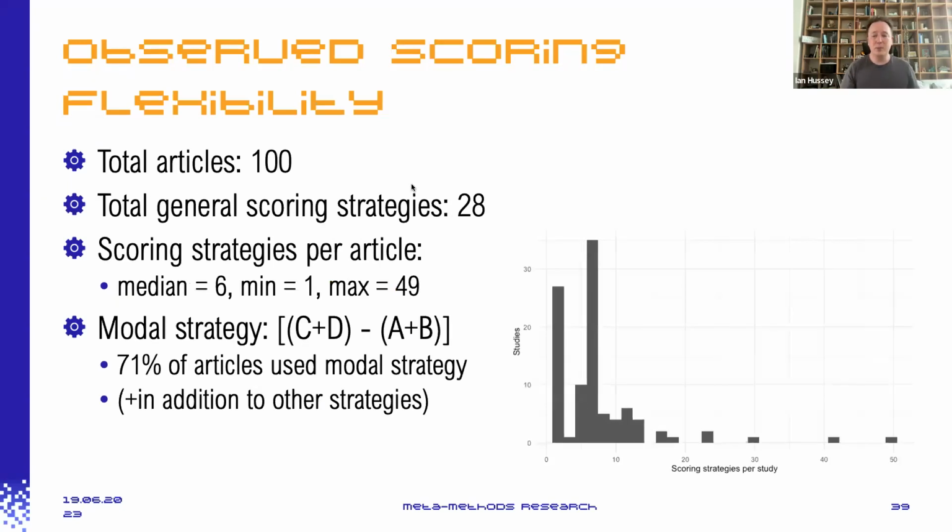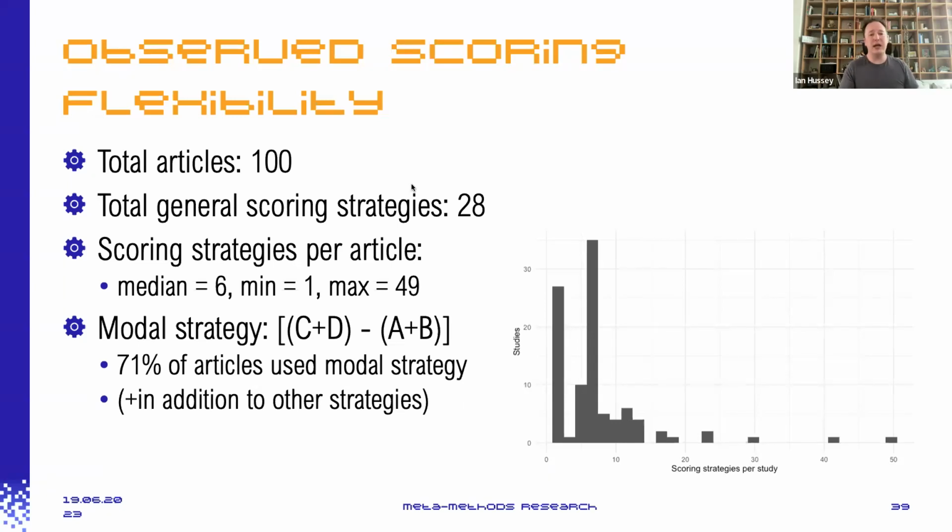So again, we're presented with a relatively large number of scoring strategies given the number of articles we're considering. 28 general scoring strategies, not even unique ones, just general approaches to it, which can then be applied at an even finer grain level to subsets of trials in some cases, like do this for each of the first 20 trials and then the next 20 trials and the next.